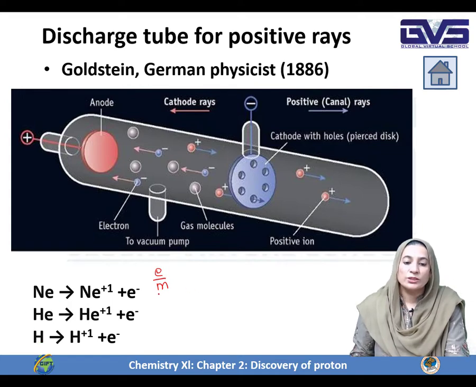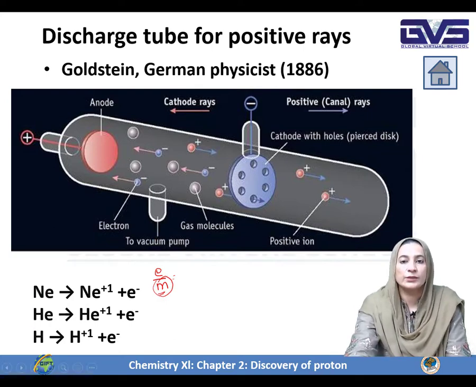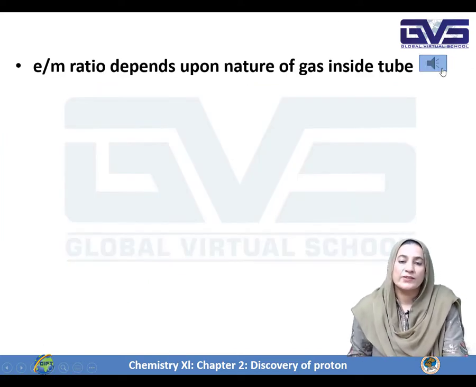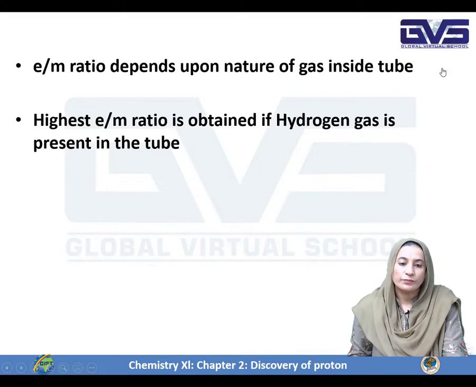So the value using the mass of neon will be different than using the mass of helium or hydrogen. Because the mass is changing, the charge to mass ratio of every gas used in the discharge tube will be different.